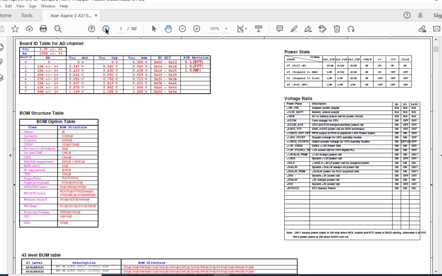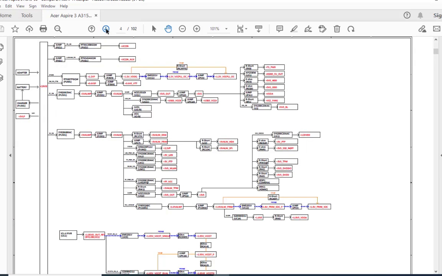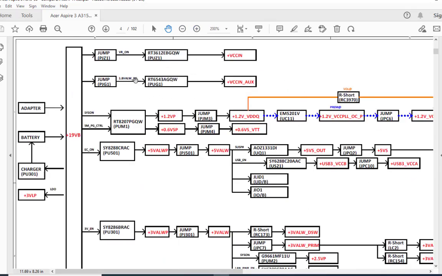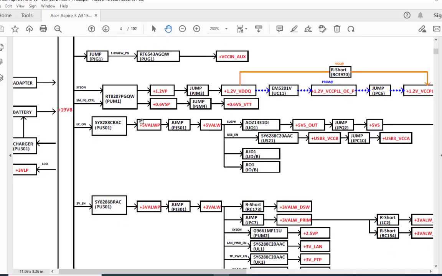So if you scroll down, here is the power requirement of the laptop, and we'll zoom in and see. So this is the power. These are the different chips. This is RT3612, generating the VCC in power, then the VCC in aux power is generated by RT6543, and here is a 1.2 V from RT8207. 0.6 is going to the RAM. 5 volt is generated by SY8288C, 3 volt is generated by SY8286.